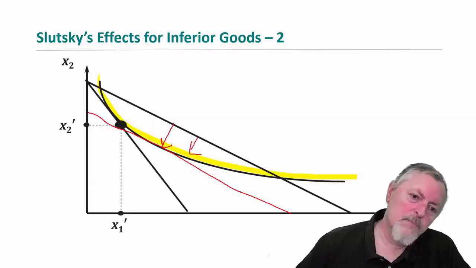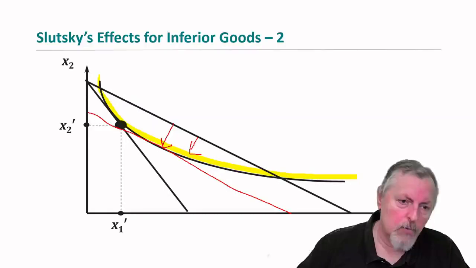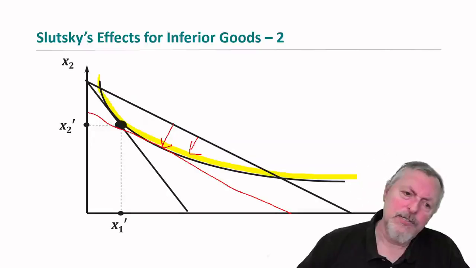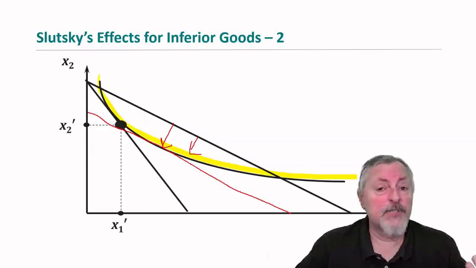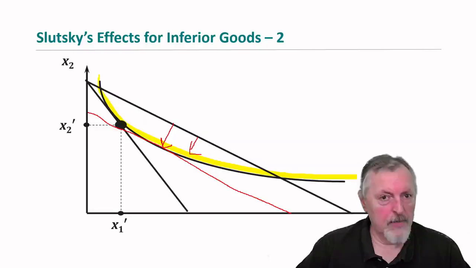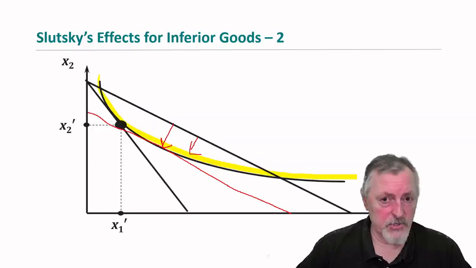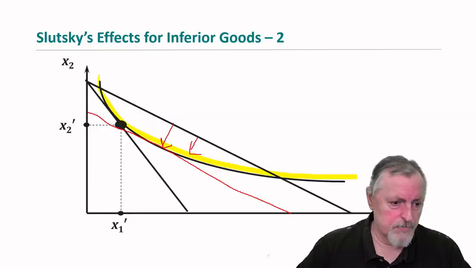So you would move it back a slightly different amount. Let's see if I can do this. Here we go. The red budget line, I know it's hard to see, is the substitution effect only budget line in the Hicks decomposition. You're moving back to the old indifference curve.